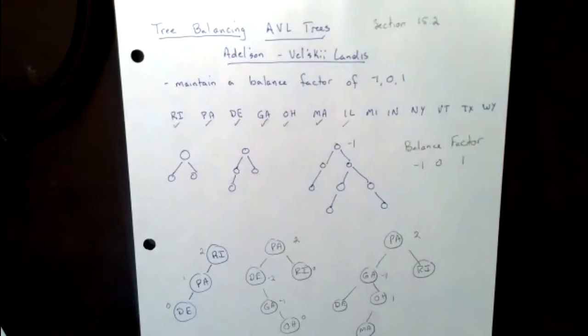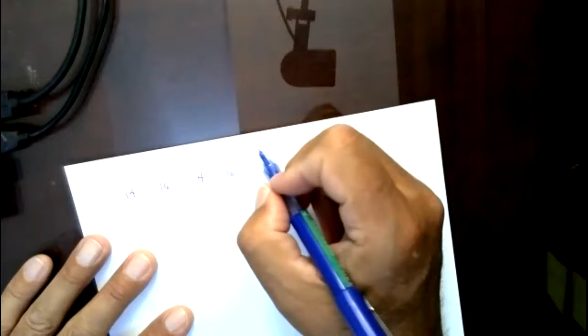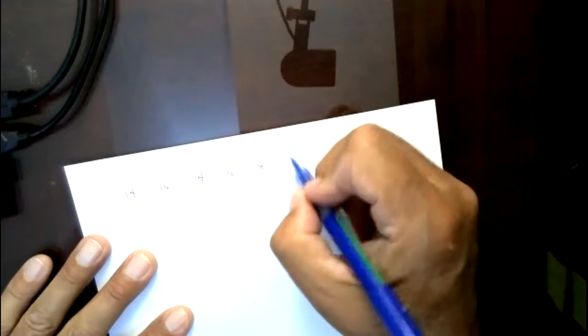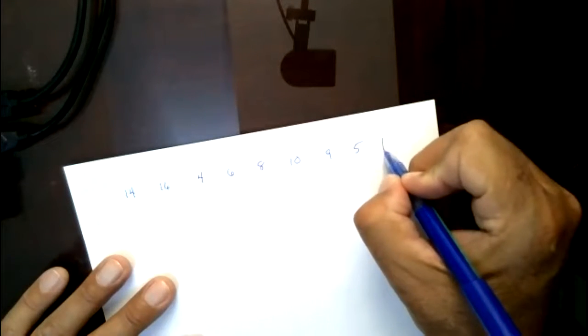Shall we partake in another example of AVL? I can tell you want to. I got stuff all over the place, folks. Somebody say yes. All right. 14, 16, 4, 6, 8, 10, 9, 5, 1.